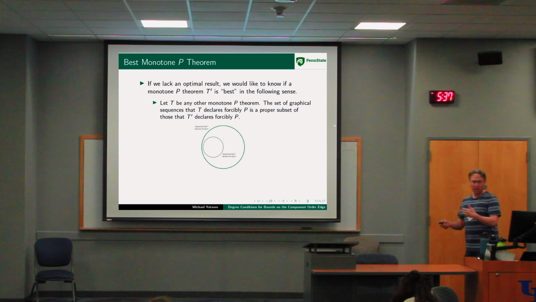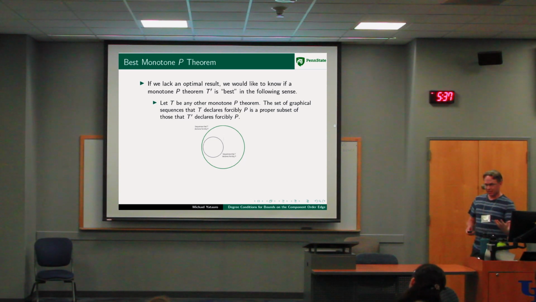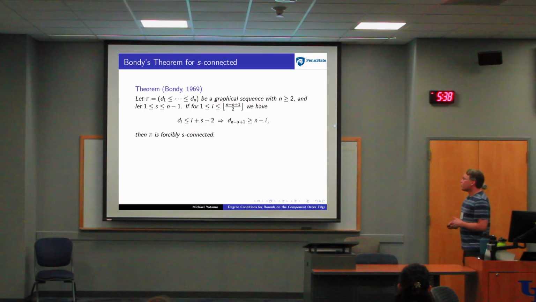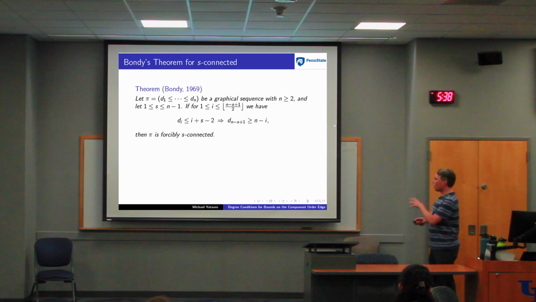So we may be thinking, well, why would you want to look at the sets of graphical sequences that this one classifies as forcibly P and this one, and then look for the one that classifies all of the others that are already classified and more? Well, we're going to call the one that is best the best monotone P theorem.